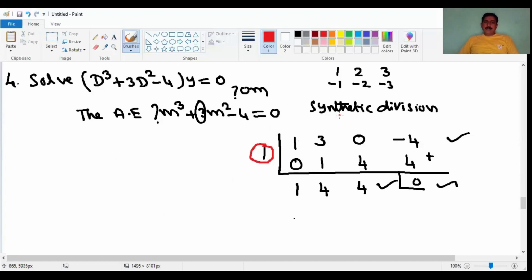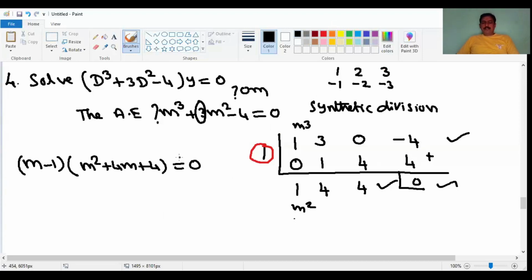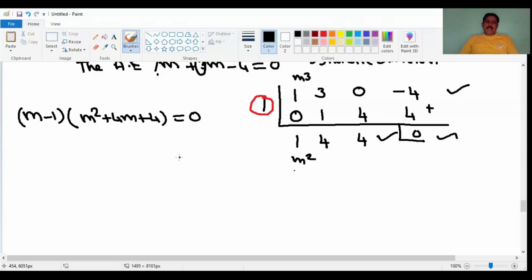Here plus 1 will be there, so I can write m minus 1. Already I told you, the power was 3, m cube, and now it is reduced to m square. So therefore 1 m square plus 4m plus 4 is the constant, equal to 0. This is the way we can express that into equation form.